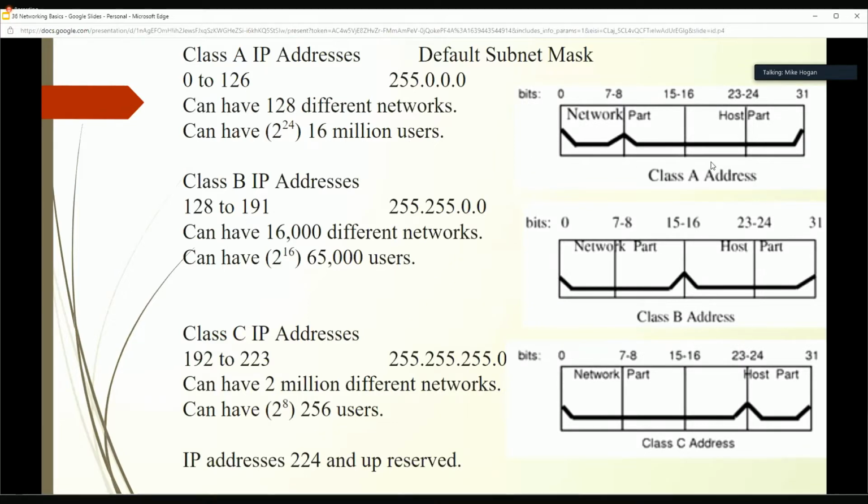So if you look at this graphic over to the right, you can see that we're using the first 8 bits as my network. So that is identifying the network. The other 3 octets are representing hosts.